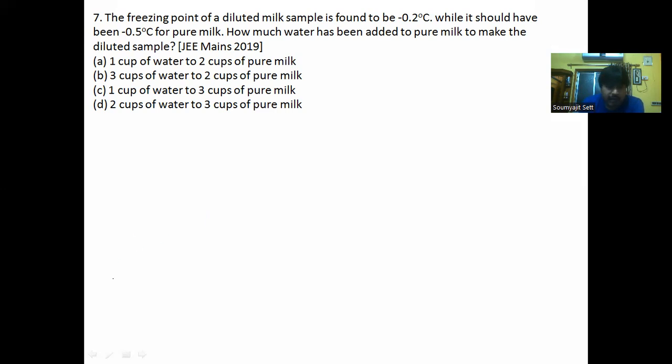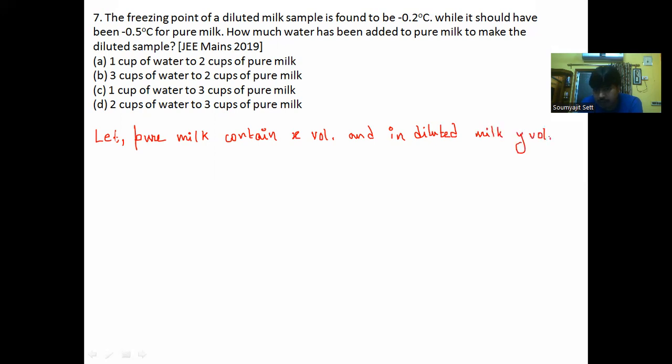At first, let pure milk contain X volume, and in diluted milk Y volume of water has been added.